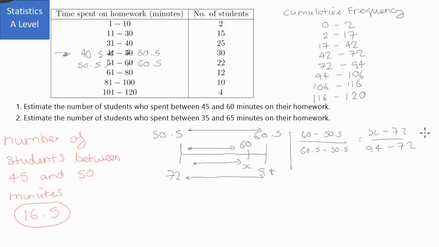Now you want to start simplifying everything. So the numerator of this one just goes to 9.5. The denominator of this one is just 10. This one we cannot simplify, x minus 72, and the bottom is 22.